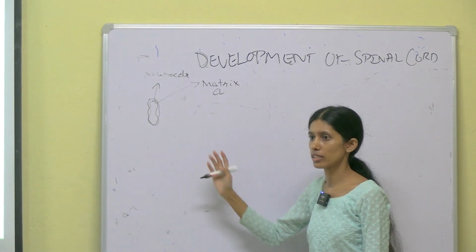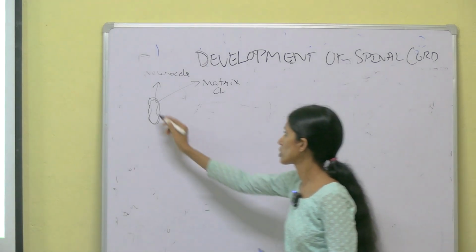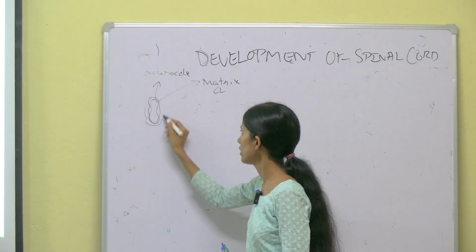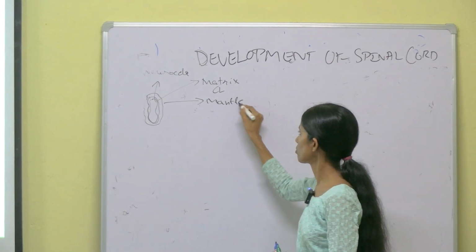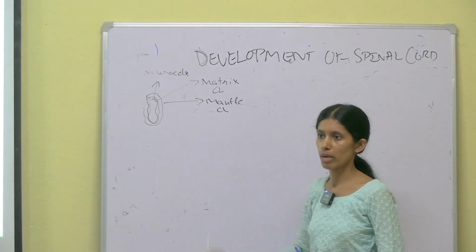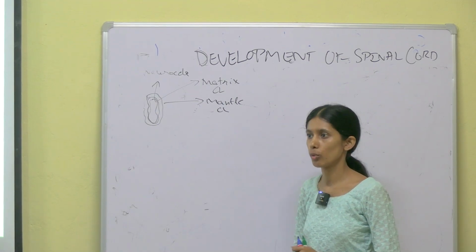And the cells present in this layer will undergo proliferation and form one more layer, that is called the mantle cell layer. And the mantle cell layer consists of spongioblast cells and neuroblast cells.